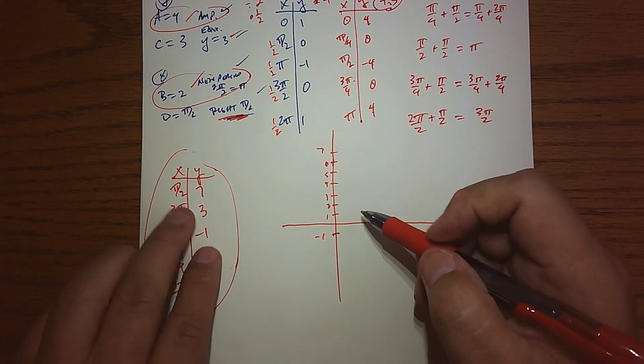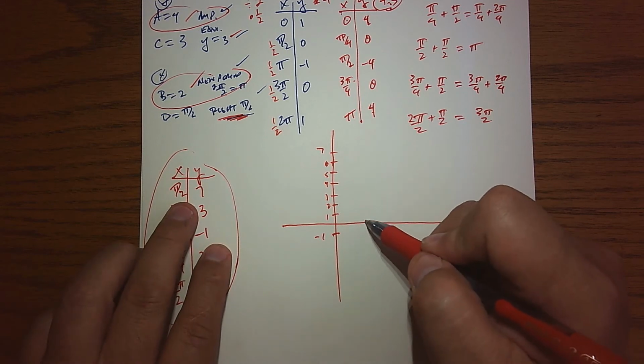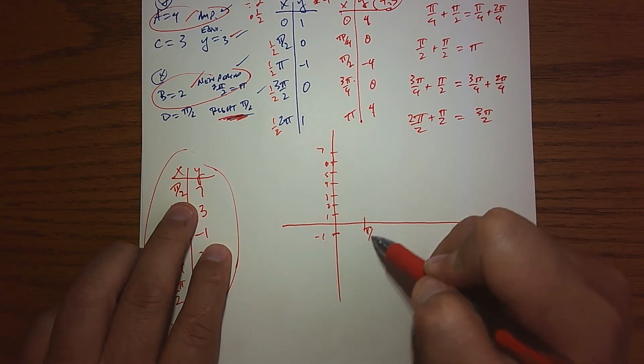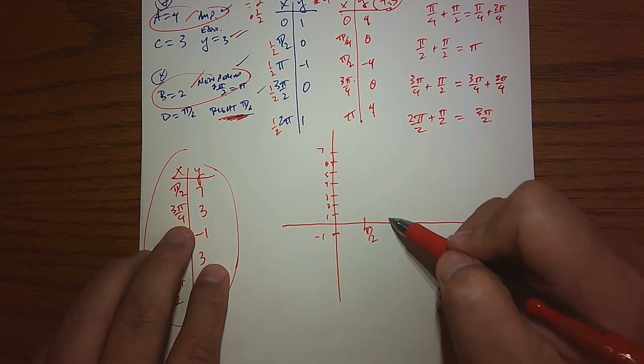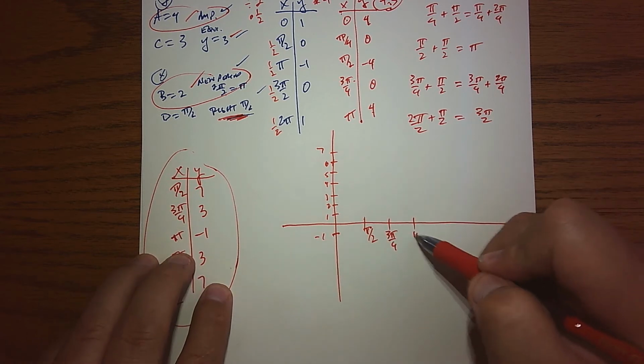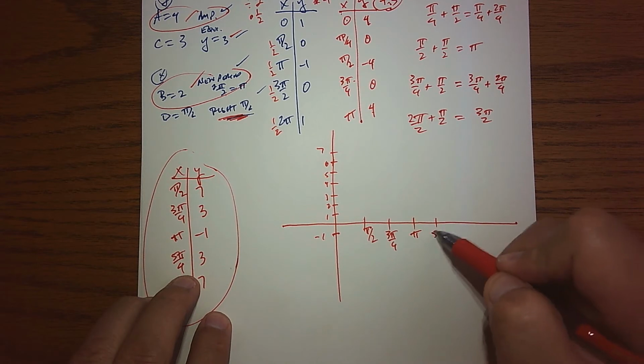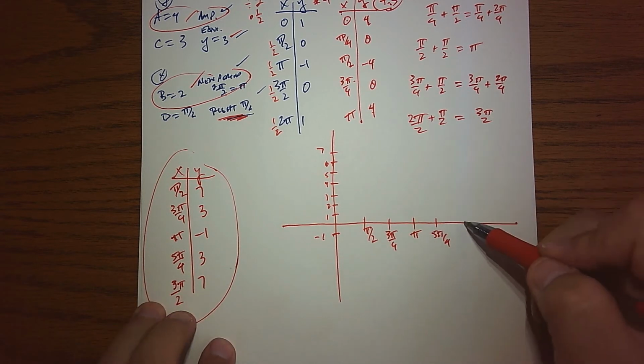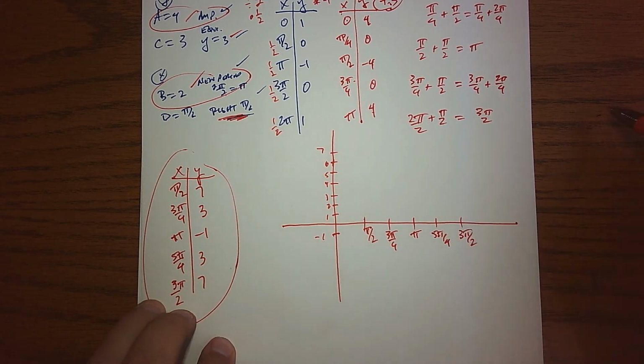Along the x-axis, I'm going to break things up. I've got pi over 2. I've got 3 pi over 4. I've got pi. I've got 5 pi over 4. And I have 3 pi over 2.